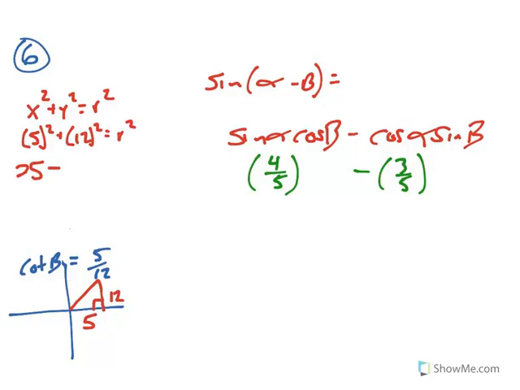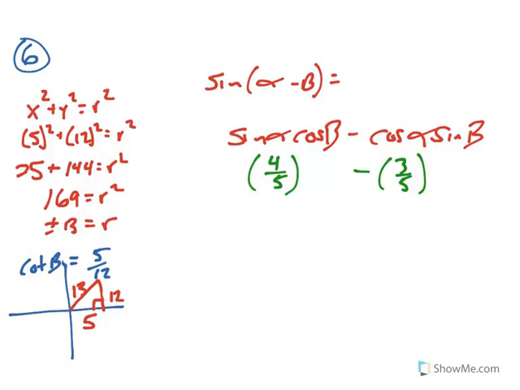5 squared is 25, 12 squared is 144. 144 and 25 is 169. Therefore, r is plus or minus 13. R is the radius, which is always positive, so it's positive 13.